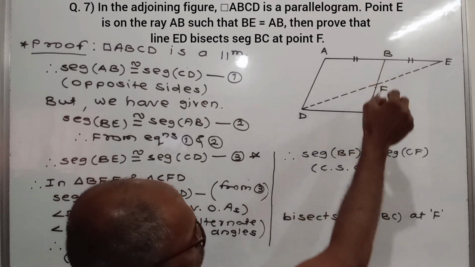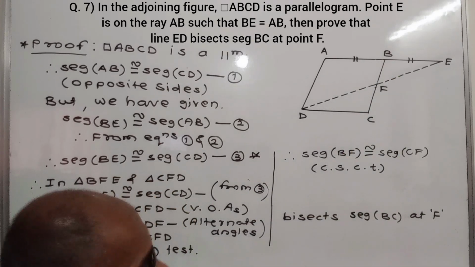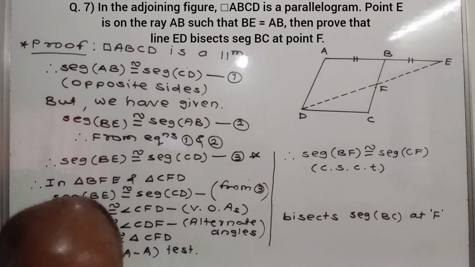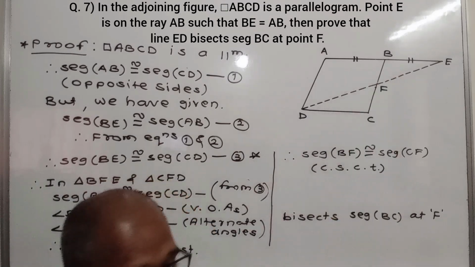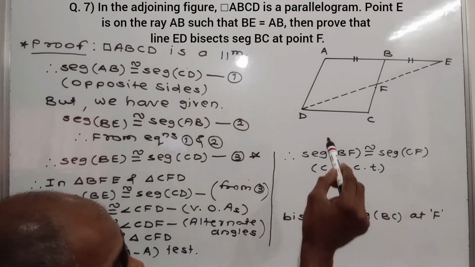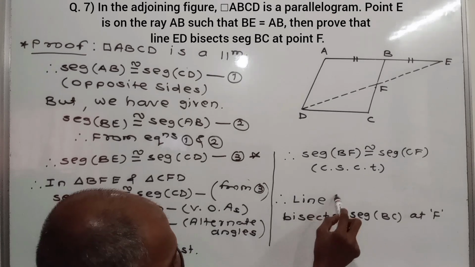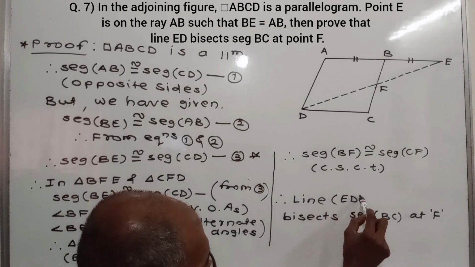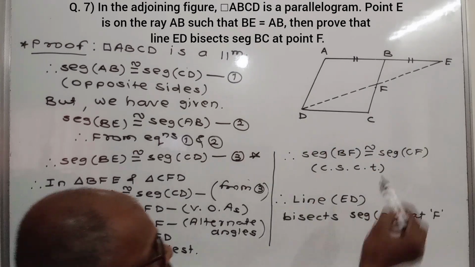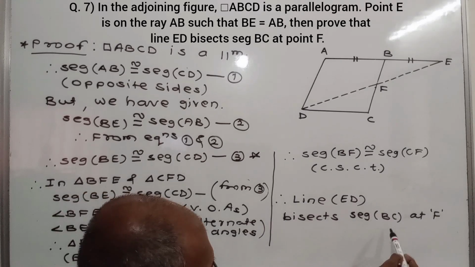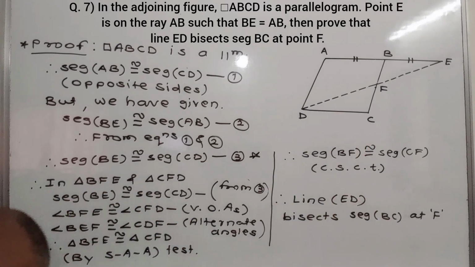This means F is the midpoint of side BC, and this segment ED passes through point F. Therefore, line ED bisects segment BC at point F. This is our answer.